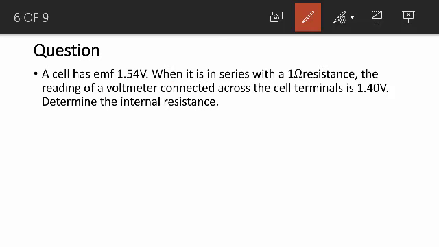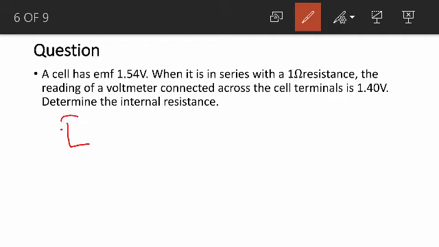We see another question here. It says an EMF of 1.5 volts when connected in series with a 1 ohm resistor. The reading in the voltmeter connected across the cell terminal is 1.40. Okay, determine the internal resistance. That's a very good one.